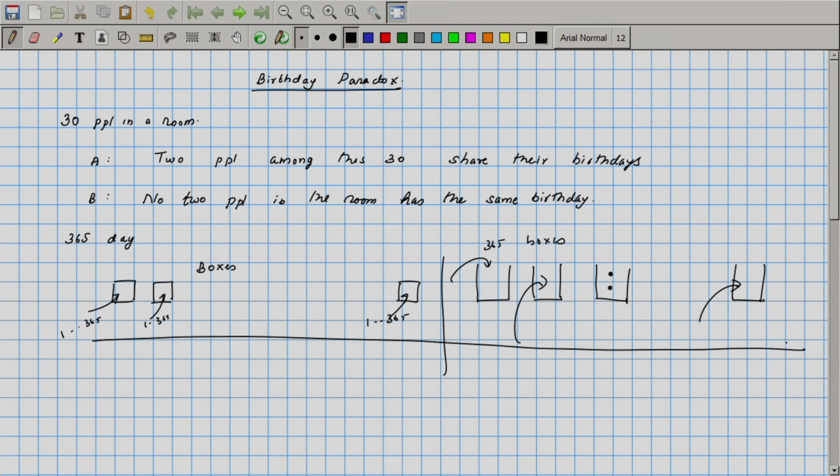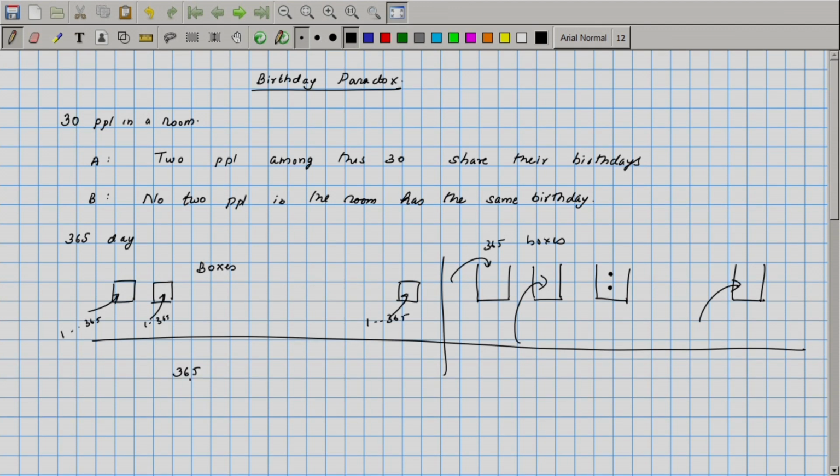So, we are interested in no 2 people having the same birthday. How many ways can that be done? There are 30 people. If we want all of them to have distinct birthdays, we should first choose 30 days, and for these distinct choices of 30 days, we can assign any of the 30 people to any of the 30 days chosen.